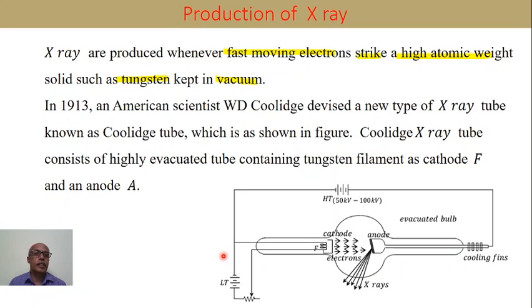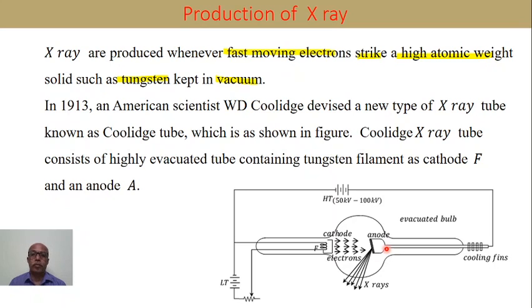This Coolidge X-ray tube is evacuated, and it consists of a tungsten filament F, which is a cathode, and we have an anode.